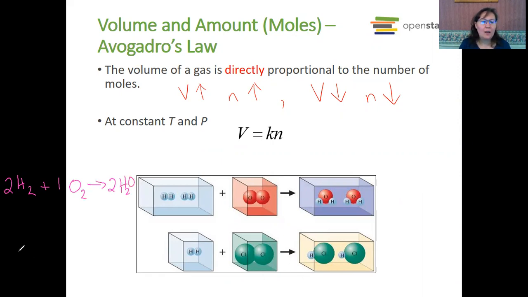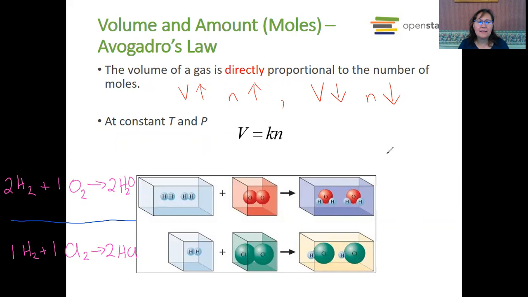And the second one says that 1 hydrogen plus 1 chlorine yields 2 hydrochloric acid. And what Avogadro's law is saying is that you can look at what you have here. So you could say the same thing for volume as you say for number of moles.